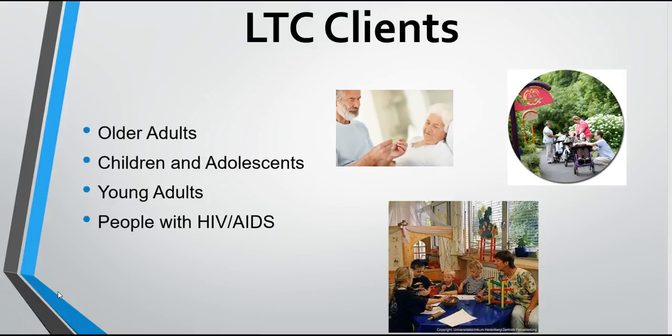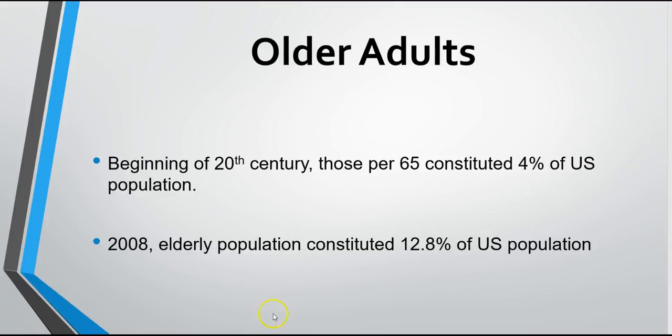So we have the older adults, children, adolescents, young adults, and people with HIV. So older adults. Looking at the beginning of the 20th century, those around 65 accounted for about 4% of the U.S. population. And in 2008, the elderly population accounted for about 12.8% of the U.S. population.